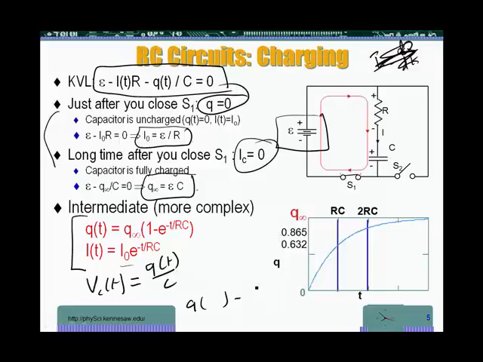Okay, let's consider what this equation means. R is the resistance, C is the capacitance. So when we multiply them, R times C, we get what we call tau, the time constant of the circuit.